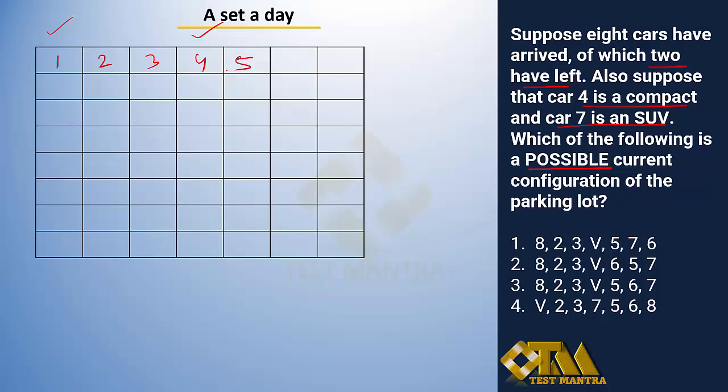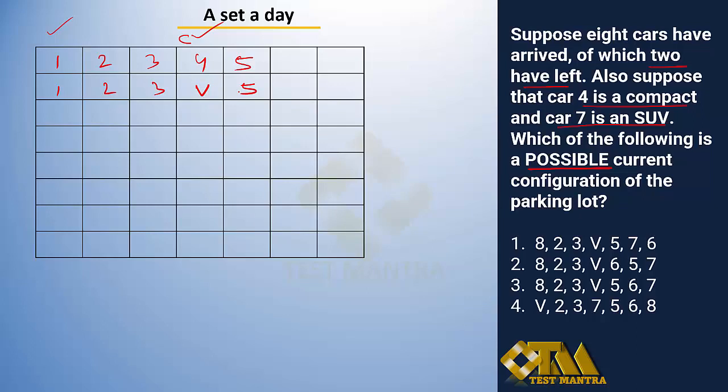Now it's given that car 4 is a compact car. So assuming that I'm removing car 4 in this case, now it's 1, 2, 3, vacant, 5. Now I have to insert car 6 here.